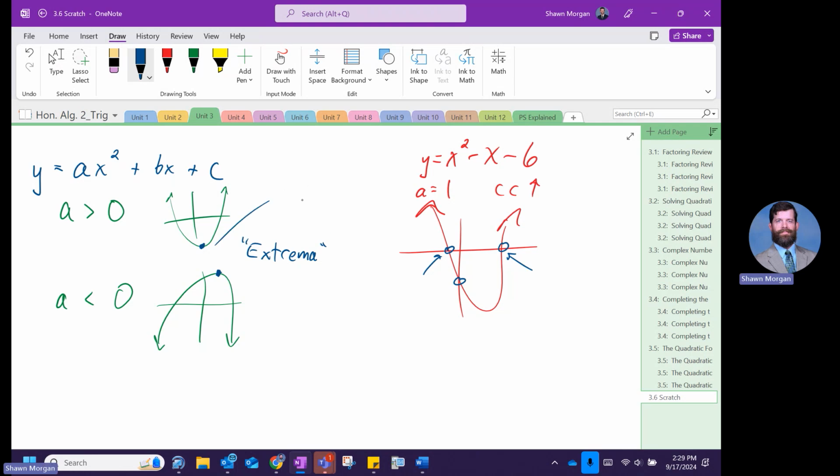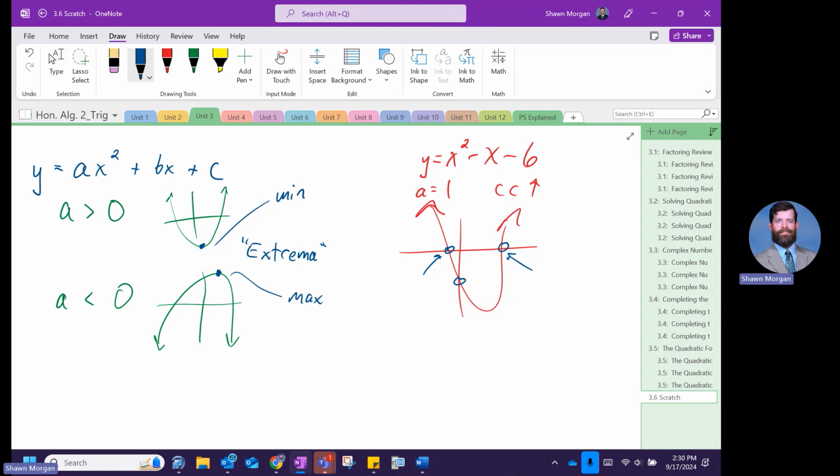Specifically, this one right here is called a minimum value. This one right here is called a maximum value. The lowest point on the curve is called a minimum value, a global minimum, an extreme value. And conversely, the highest point on the parabola is the maximum.